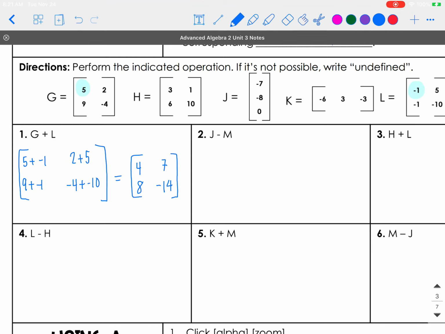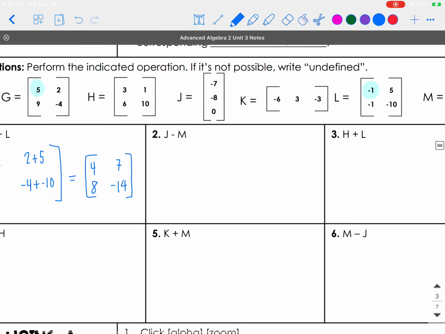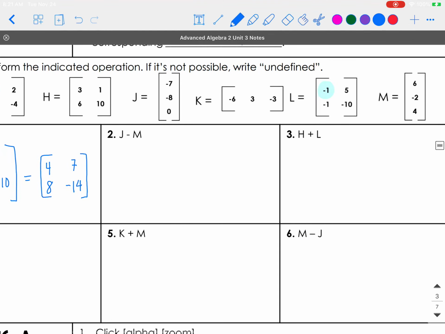The biggest problem that you will run into, what will cause you to miss questions, is if you're not doing your calculations right or you're not paying attention to those negatives. So you have to be careful with those. So J and M, those are both a 3 by 1, 3 rows in 1 column. And this is subtraction.